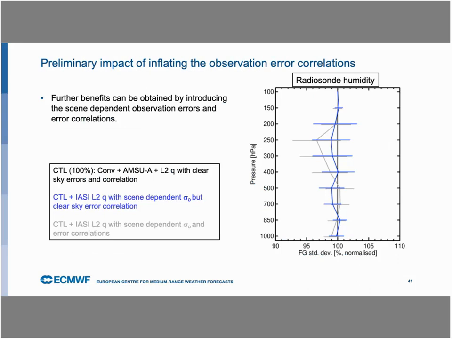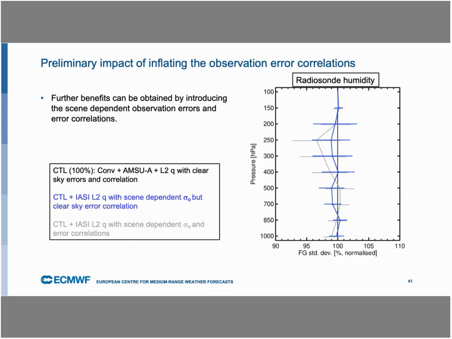And in this case, the control run is using the level 2 retrievals with clear sky errors and error correlations. So it is the starting point for the cloud-affected retrievals. And then the blue line is indicating the experiments where we use the scene-dependent observation errors but clear sky error correlation. So we get a small improvement for the humidity forecast compared to the already good impact that we got in the control run.